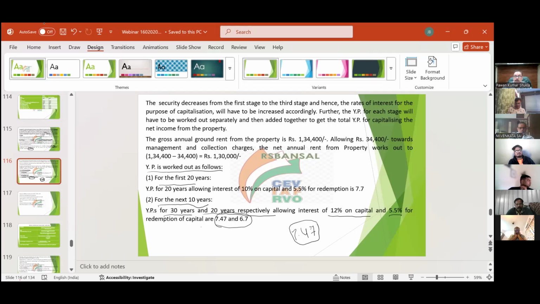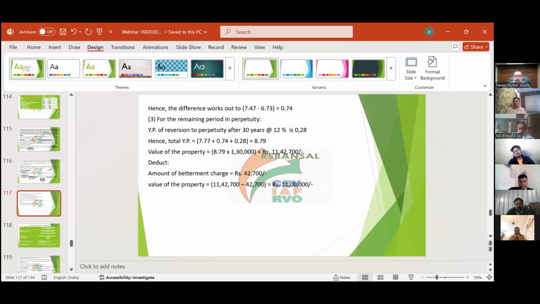So you have calculated. The difference will be 6.73, 0.74 for 20 to 30 years. And for the next 30 years, again you can calculate perpetuity. So the difference will be 0.28.